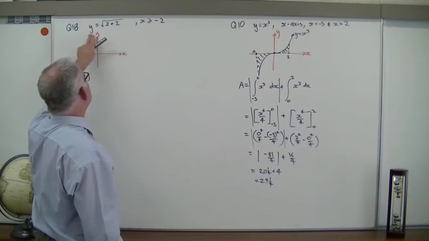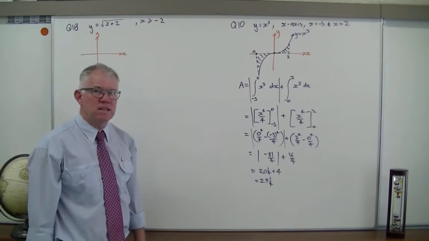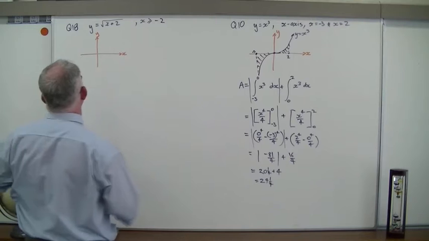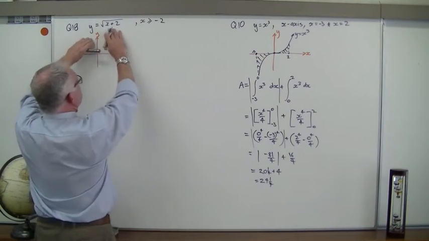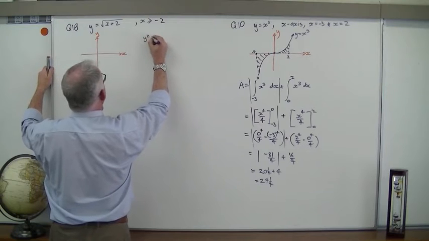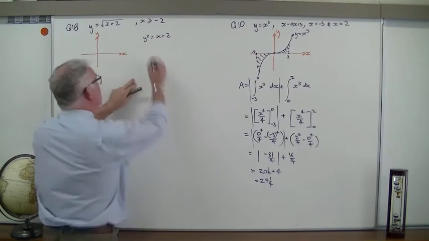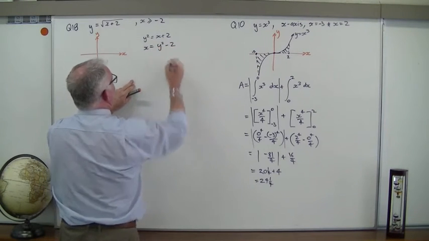But still, what does this y equals a square root thing look like? Well, let's try and get rid of the square root sign and figure out what it might look like. To get rid of the square root sign, I've got to square both sides. I'd have y squared equals x plus 2. That is dead simple. It's kind of like a parabola that's lying on its side.